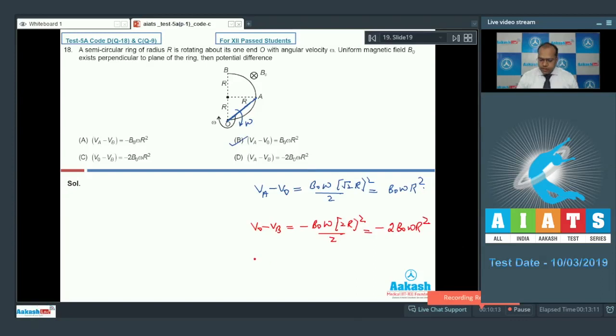And if I calculate VA minus VB, then it can be written as VA minus VO plus VO minus VO... VB. On substituting this value, we will get the final answer, that is minus B0 omega r square. So we can say that options A, B and C are the correct options for question number 18. Let's move to question number 19.